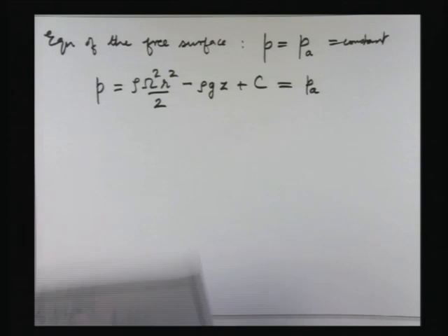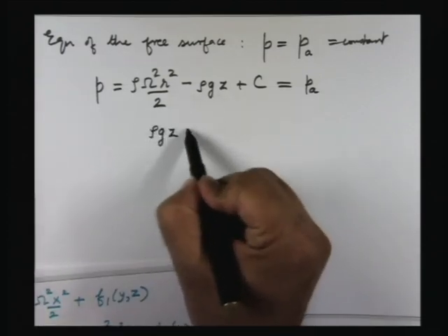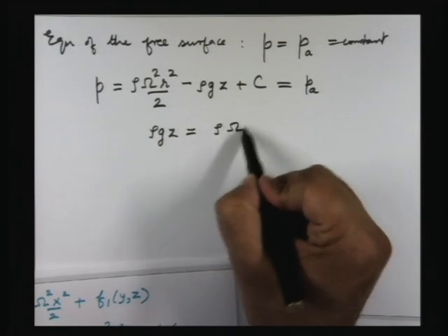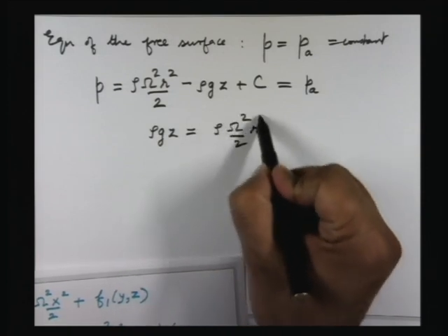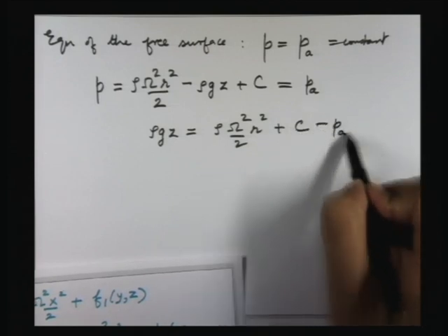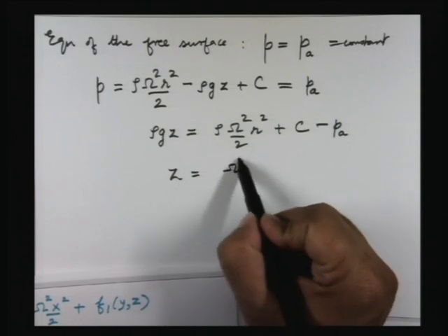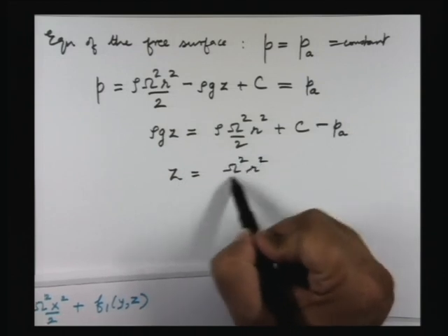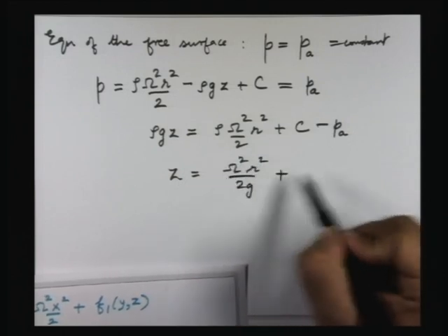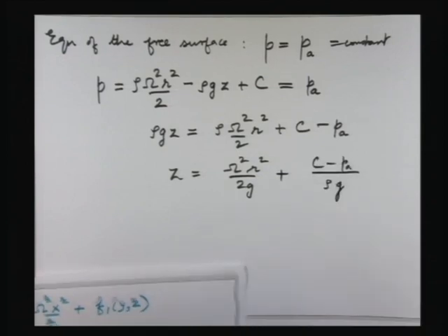This is the equation of the free surface. So I can write it as rho gz is equal to rho omega squared by 2 r squared plus C minus PA, or z is equal to omega squared r squared by 2g plus C minus PA by rho g.